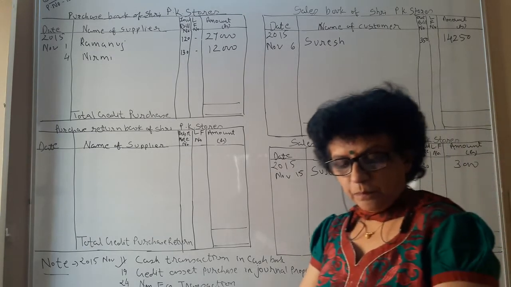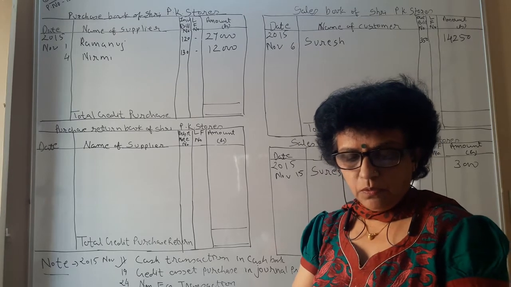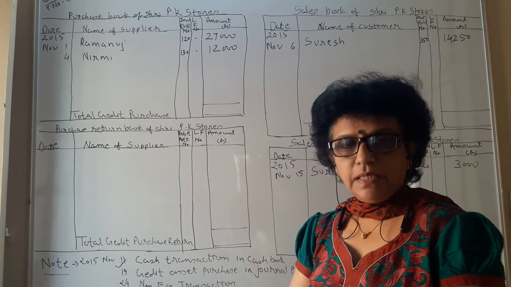Next on 17, 40% goods returned to Nirmi and debit note number 17 sent.